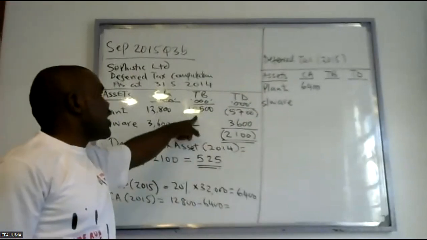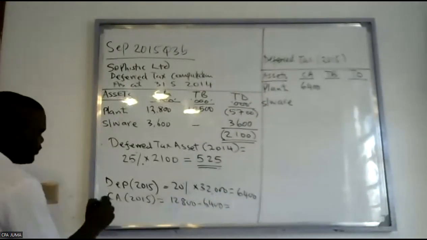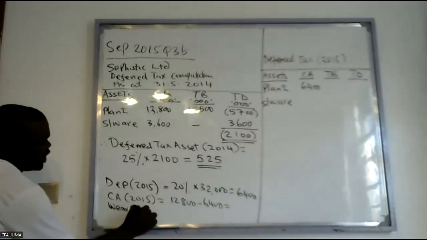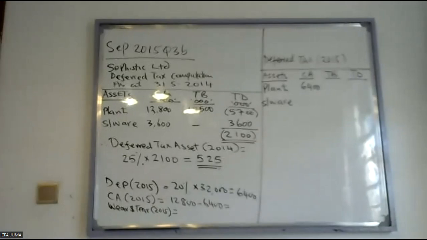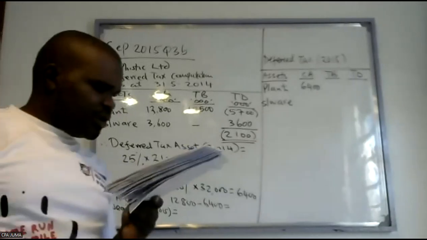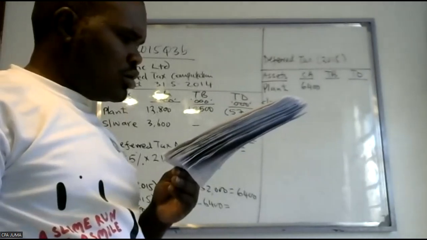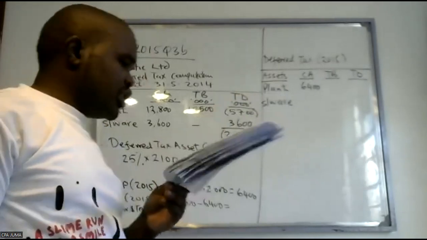Wear and tear for 2015 was mentioned in note 3: 25% on reducing.